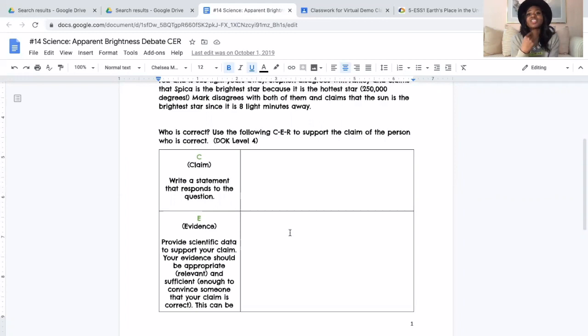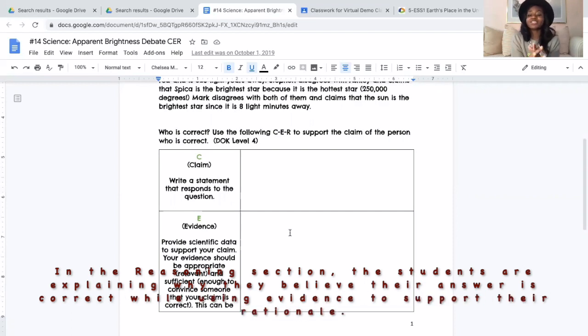Evidence can also include videos, investigations, experiments, a picture, a classroom discussion. And the students are able to cite those examples under the evidence section. And the reasoning section is the students using their evidence to support their claim and explaining the scientific principle that goes hand in hand with it, also better addressing the question.